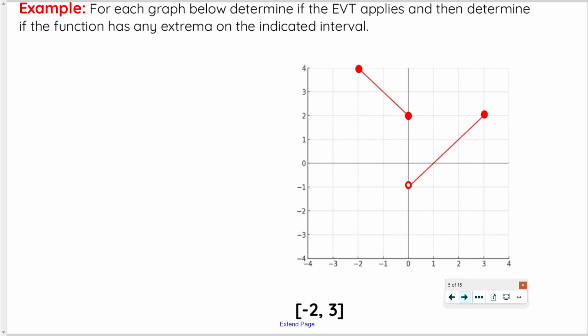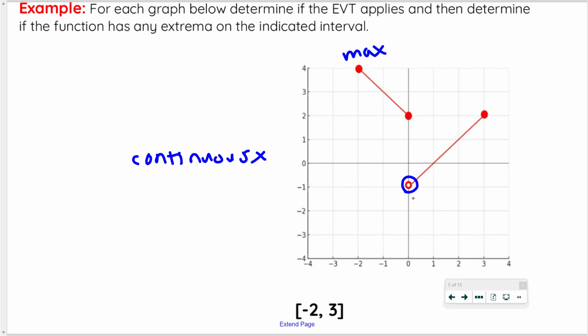Let's look at this one. Looking at this between -2 and 3, is this continuous? No, it is not continuous. It has a break in the graph. But even though it's not continuous, I can see that I do have maximum and minimum values. Over here I have a maximum value.